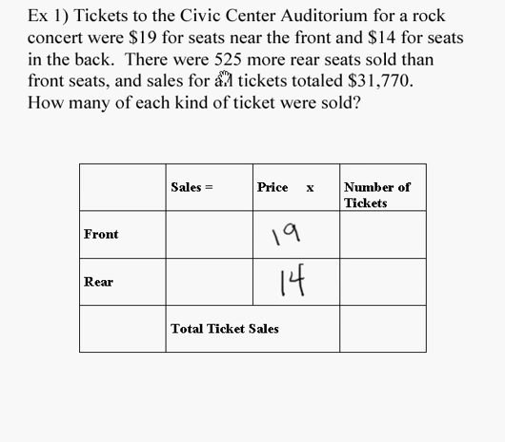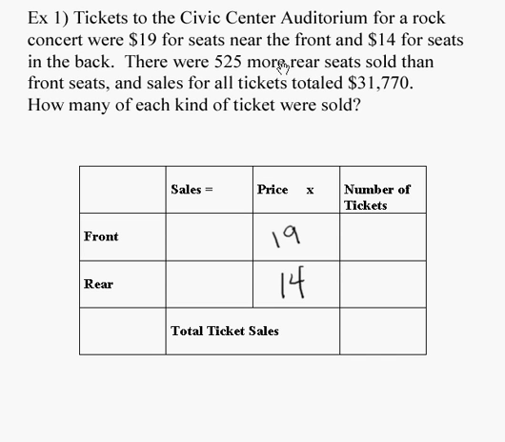Now we're comparing how many more seats. For rear seats, there are 525 more in the back than there were in the front. We don't know how many there were in the front, so we're just going to let X represent how many in front, since we're comparing how many in the back to the front. For the back, it's X plus 525.